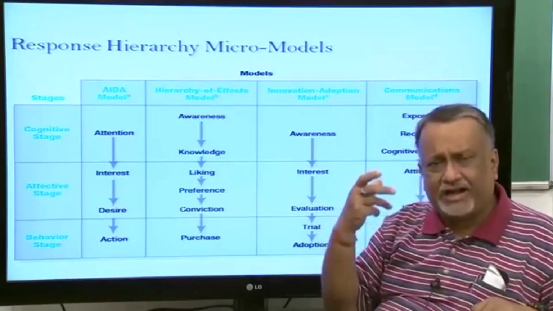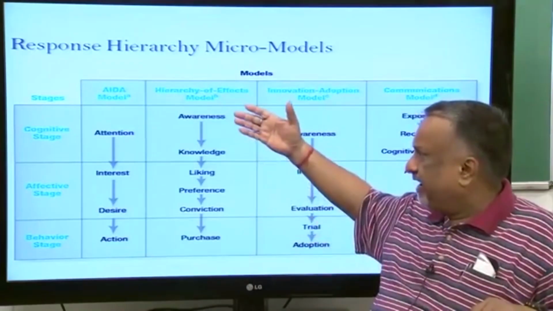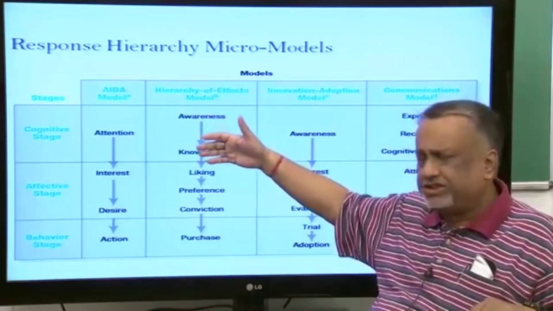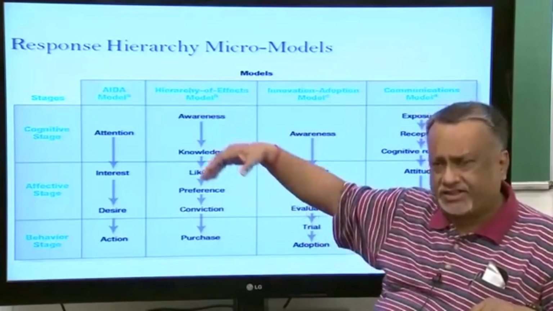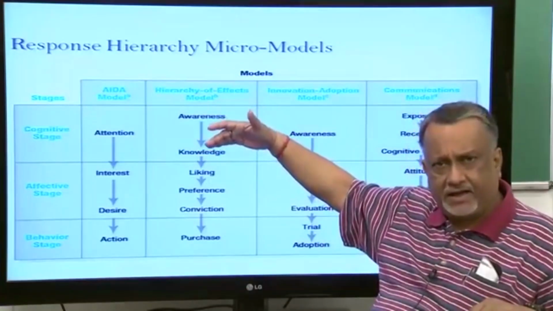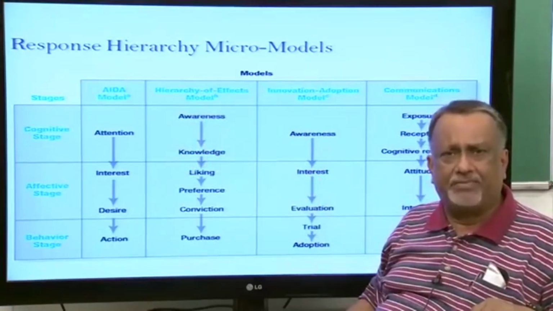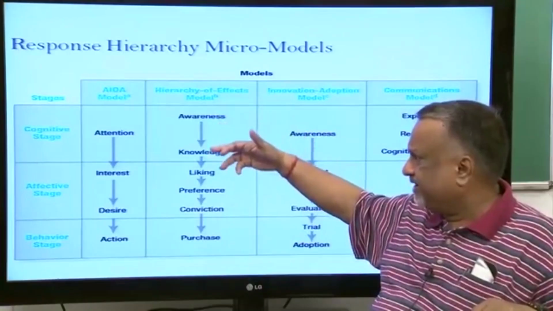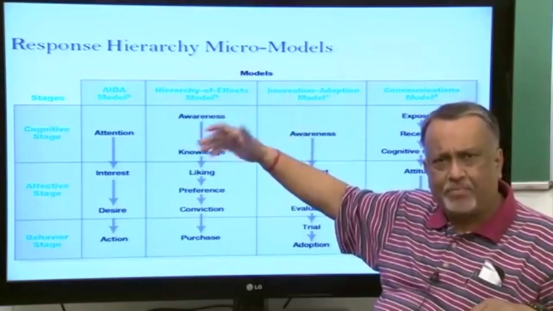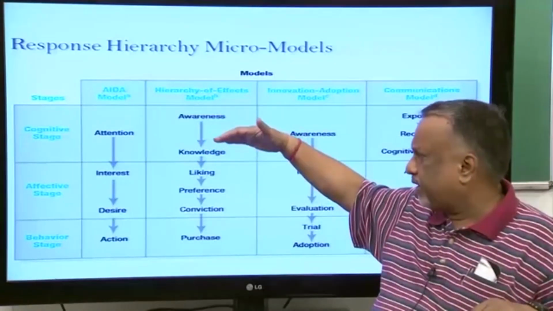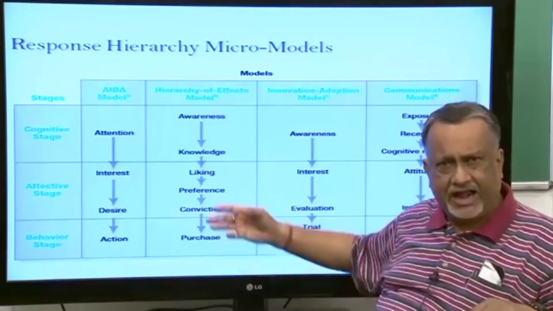So, if you are an incumbent or a market leader like Gillette, then you will have to put a lot of emphasis on this knowledge creation, so that new upcoming products will find a barrier. Your communication will create a barrier for your upcoming competitors. So, awareness must lead to knowledge about your product, the superiority of your products, the high points, the unique points about your product, so that you have some liking which leads to preference and conviction.